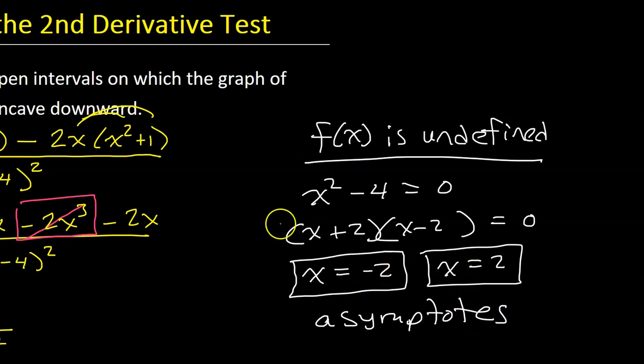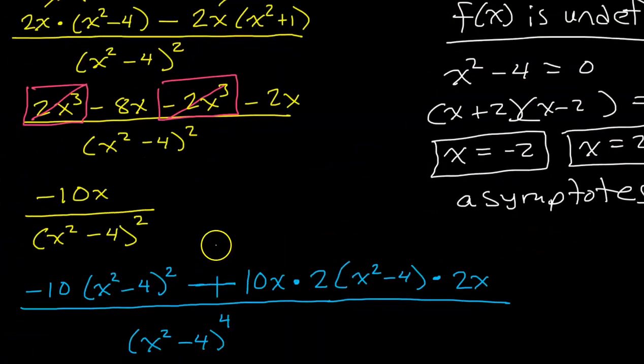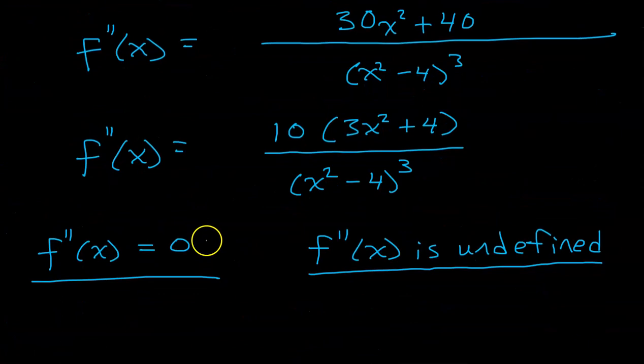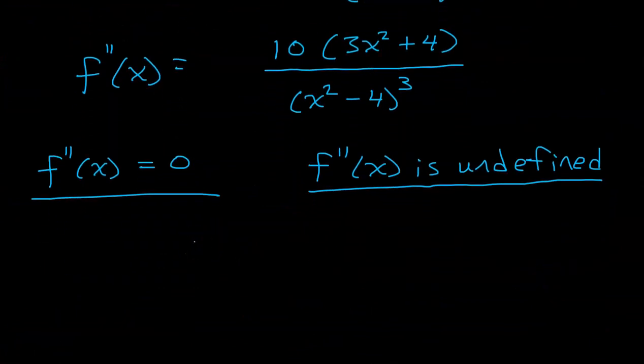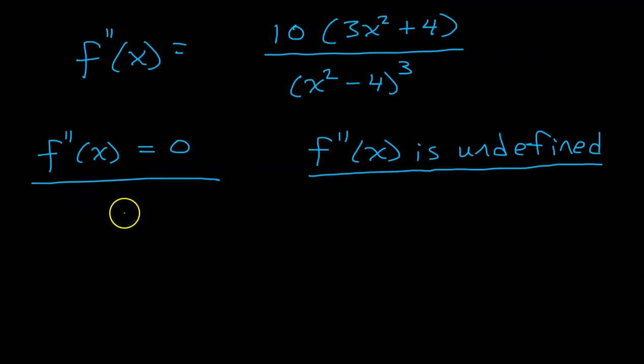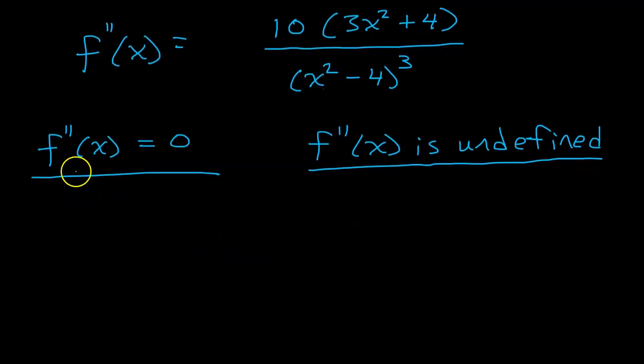So this supersedes anything else that happens. If we get some critical numbers down here, if any of them are positive 2 or negative 2, we will have to say, well, we already know there are asymptotes there, so nothing new will happen. So anyway, back to the question. Where is the second derivative equal to 0?